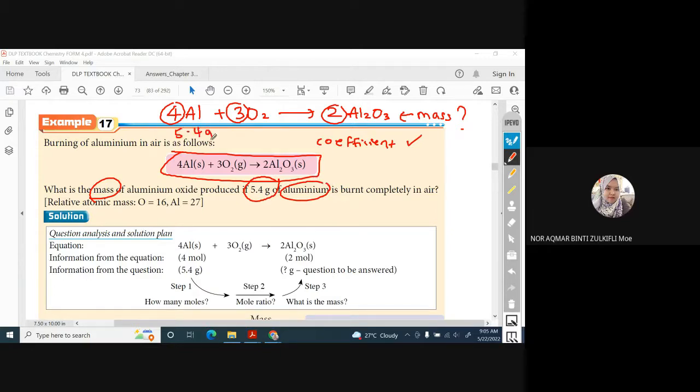Dia sudah bagi kita mass 5.4 gram aluminium here. And then we have RAM, we have molar mass for oxygen and Al. So macam mana nak cari mass?